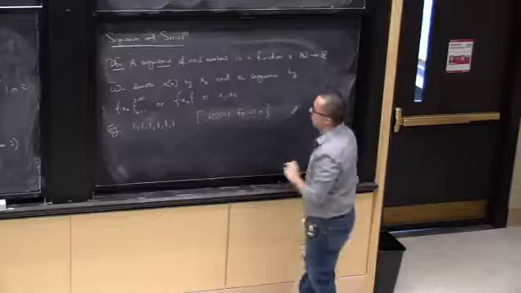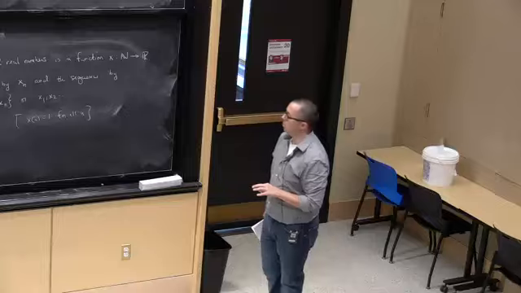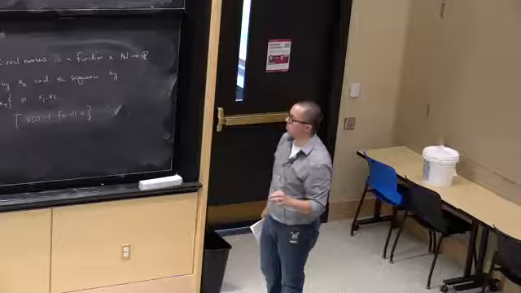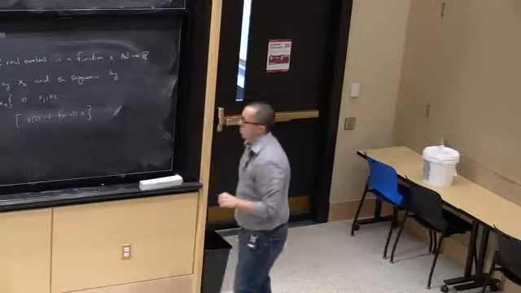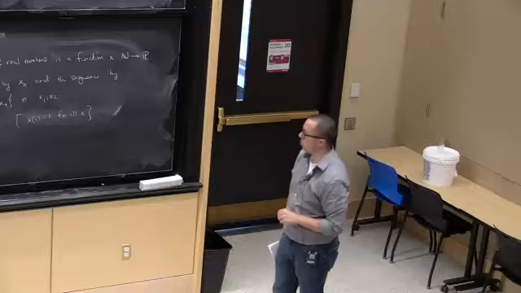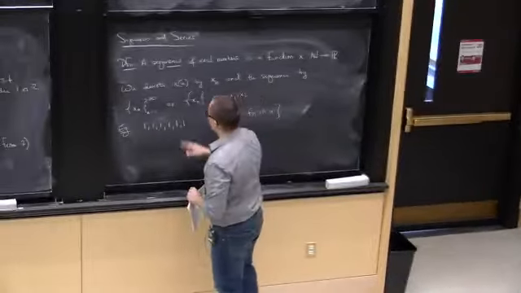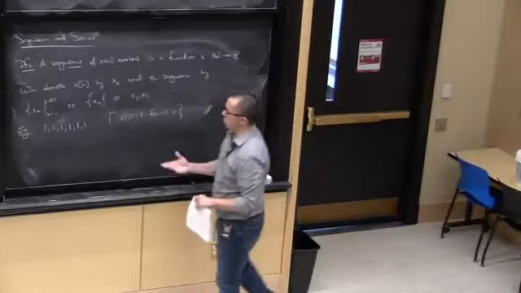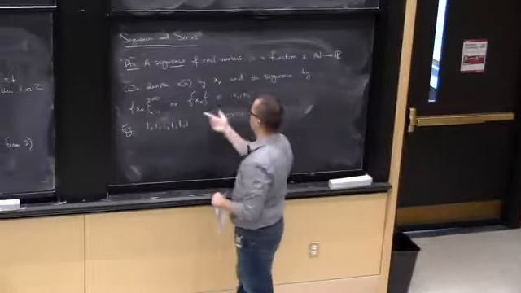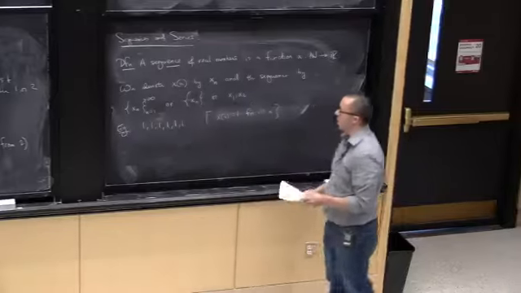But again, I will not think of a sequence as a function, just as we never thought about functions as certain subsets of the Cartesian product of two sets. You should really think of these as just a list of real numbers, okay? And when we refer to them, we'll either write them like that or with curly brackets around an expression for x sub n.